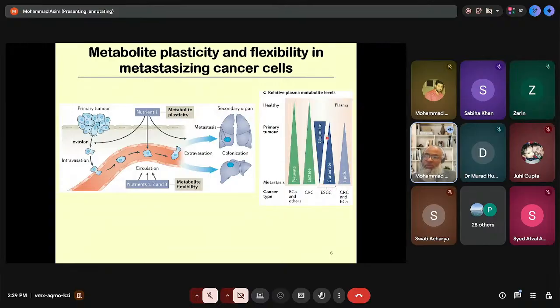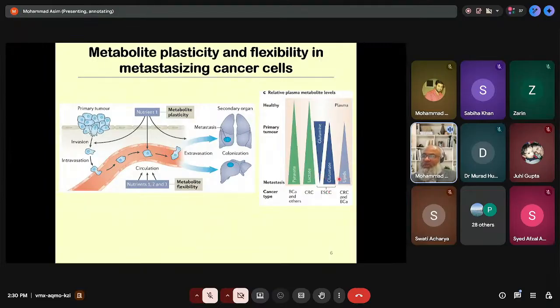The opposite is true for glutamate. Patients with primary tumors will not have very high plasma levels of glutamate, but later stages, especially metastasis, will have very high levels of glutamate.